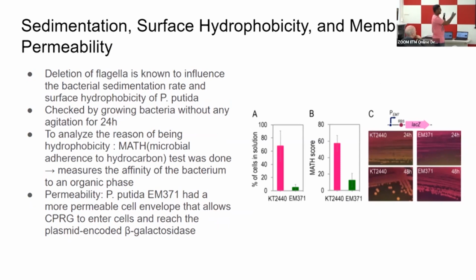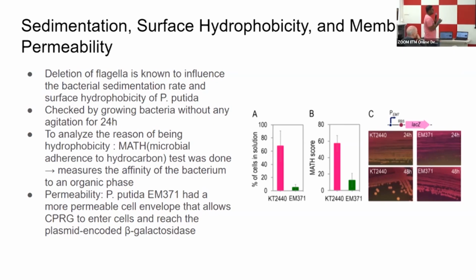This shows the percentage of cells in solution. Pink color represents the parent strain, while green color represents the modified strain. The particles of the parent strain are more in the solution, while those of the modified strain are not in solution. That means they are sedimented at the bottom.